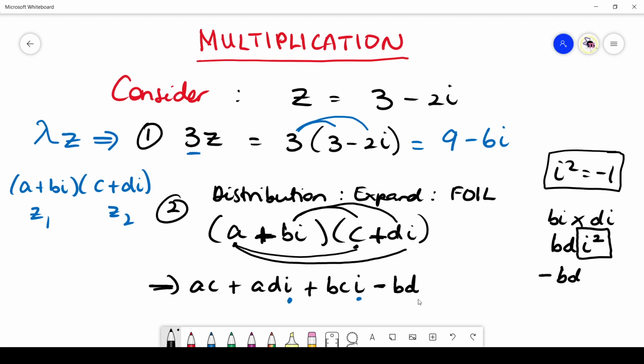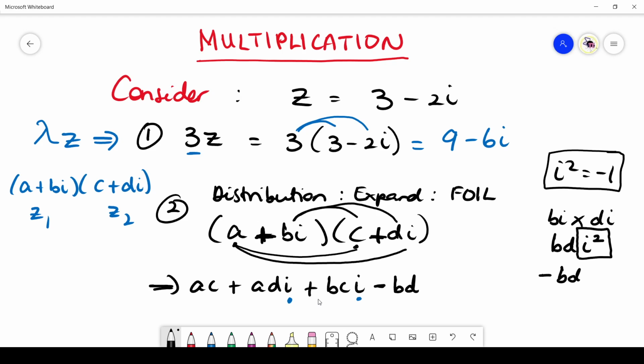And remember, at the end of the day, whether you are performing addition, subtraction, multiplication, or division, you are going to get some type of complex number at the end. And this solution has essentially 4 terms there.